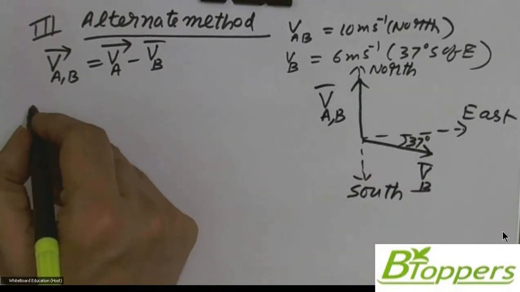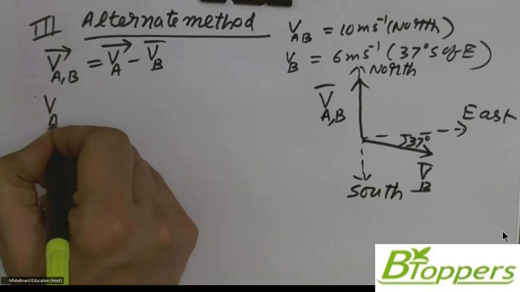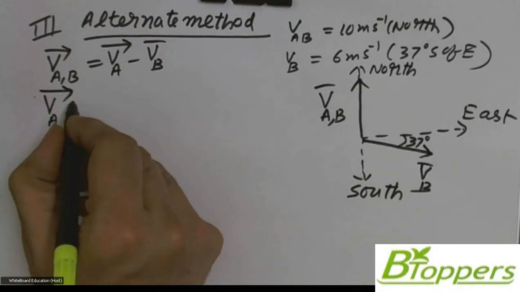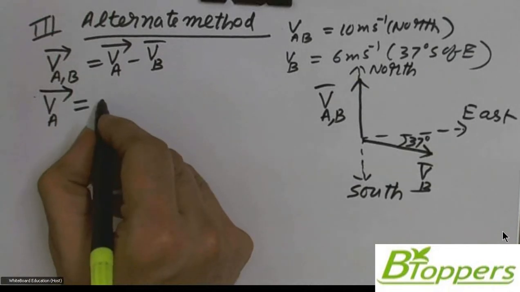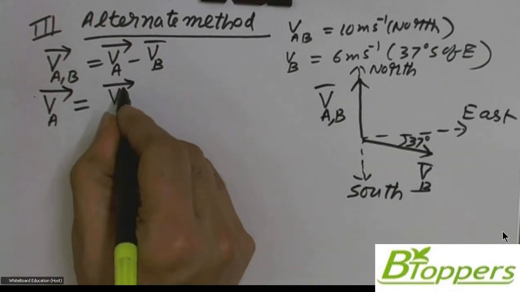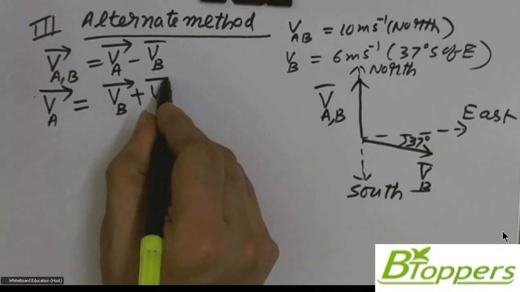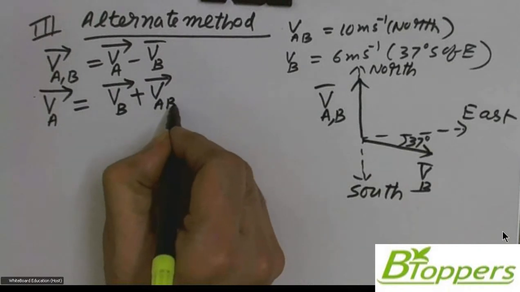Now, just like in the earlier method, we can write that the actual velocity of the body A is the vector sum of the velocity of B and the relative velocity of A with respect to B.